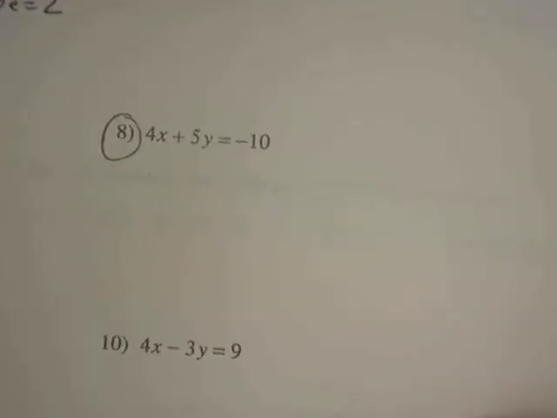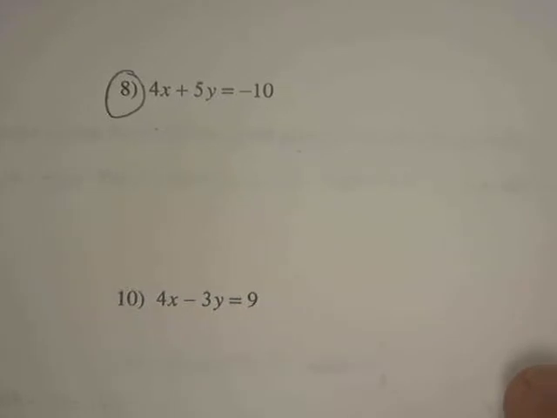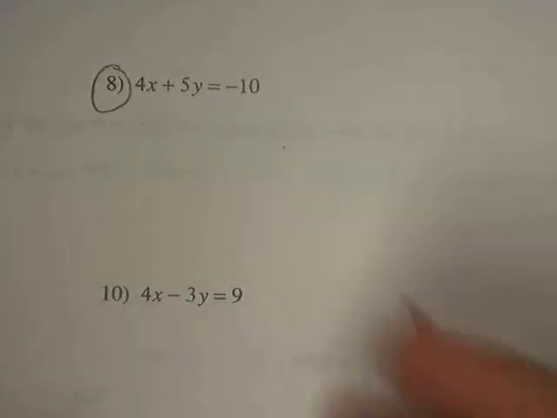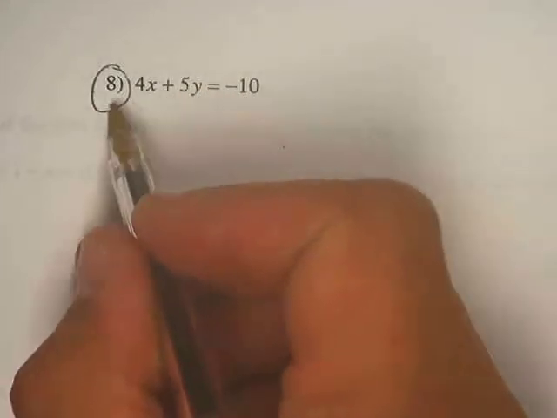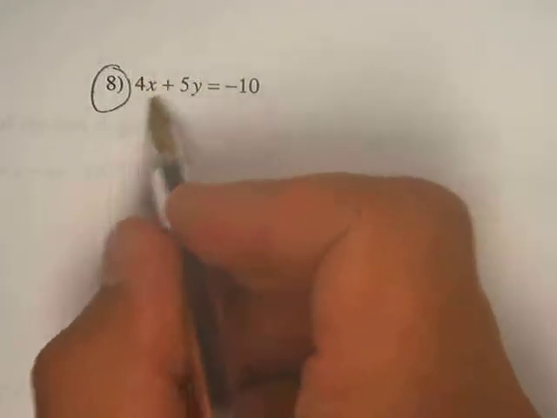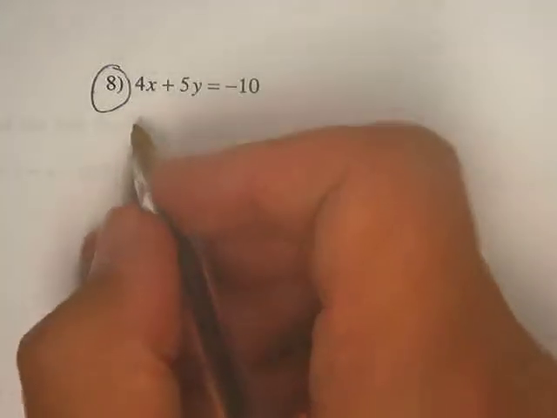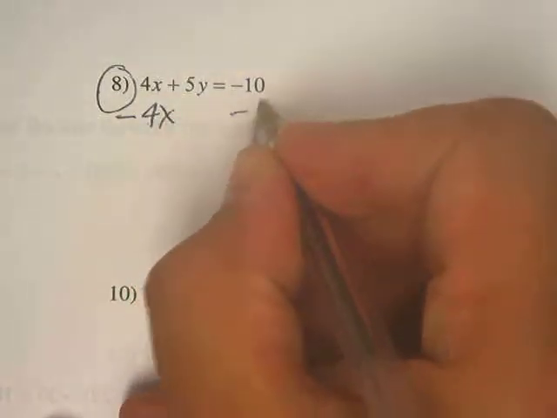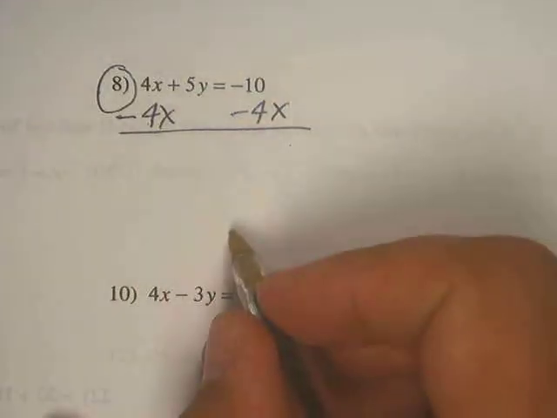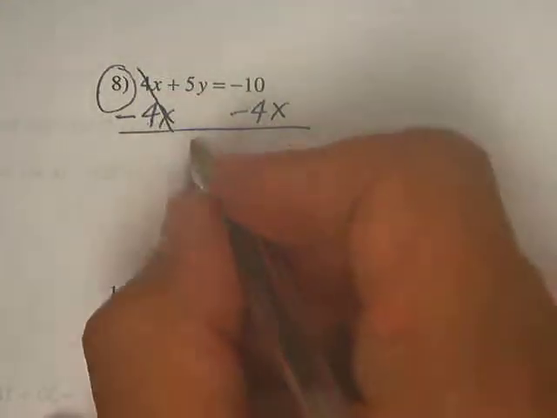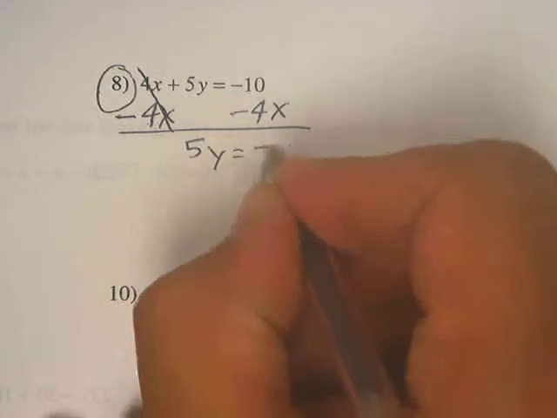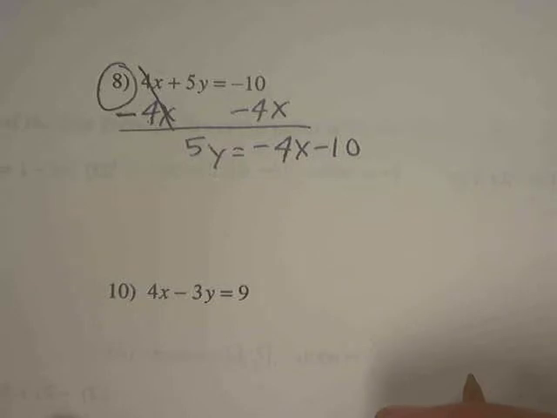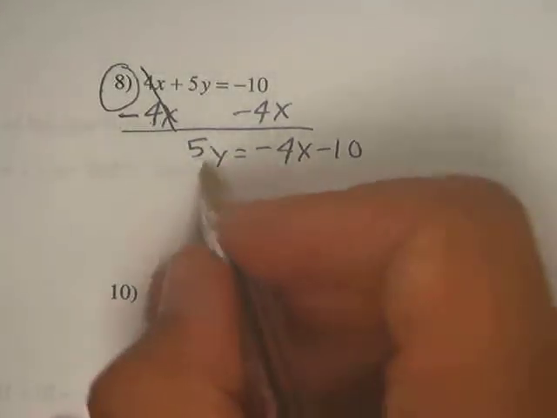All right, good. I want to skip over now to number 8. All right, number 8. First of all, I want to get the y's by themselves. So first of all, I'm going to try to get rid of this 4x. To do that, I'm going to have to subtract 4x from each side. That cancels out this. I'm left with 5y is equal to negative 4x minus 10.